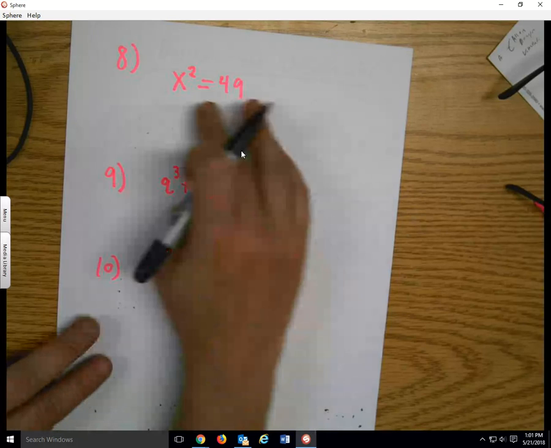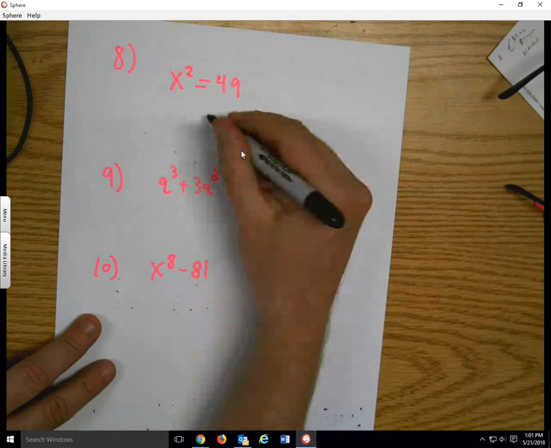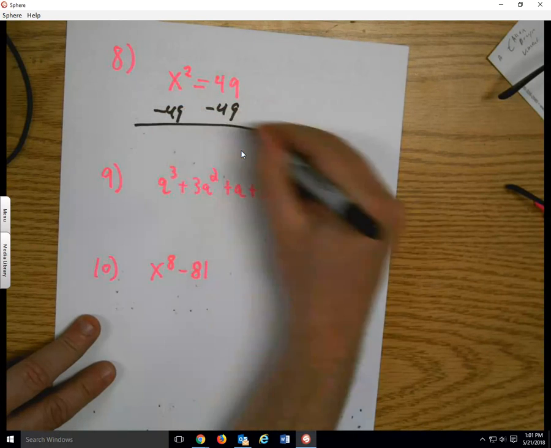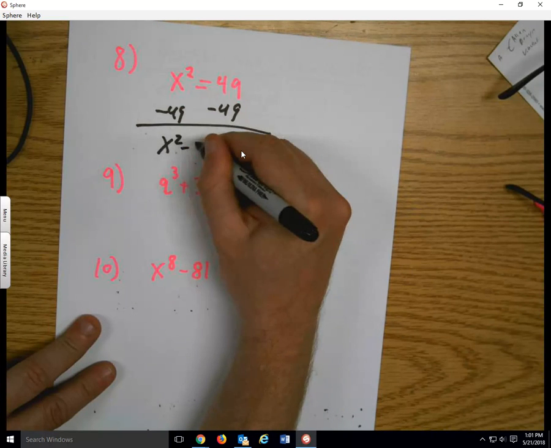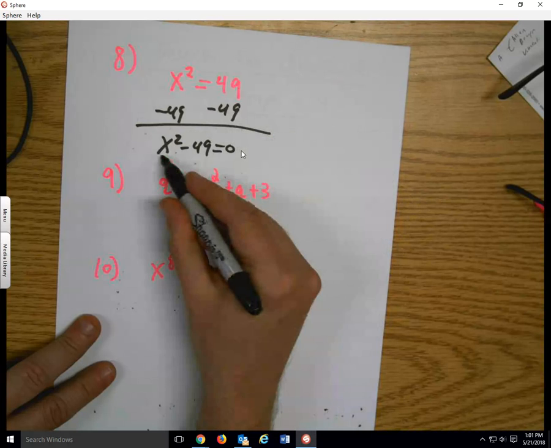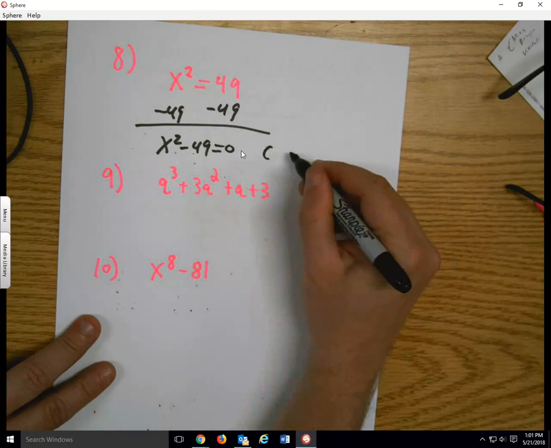How would you handle this one? Well, you can't factor it because you have a number on this side. So you have to first get all the numbers together on the same side of the equal sign. 49 take away 49 is 0. It's a square, and there's a negative, so it's the difference of two squares, that special product.